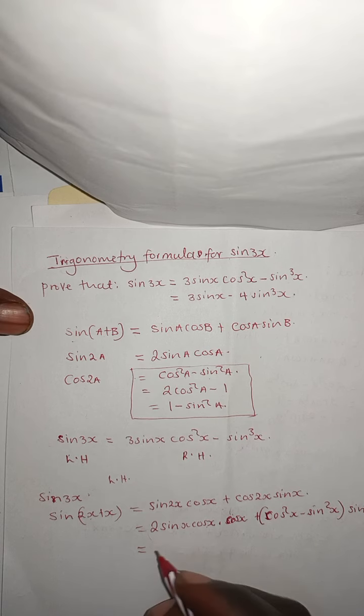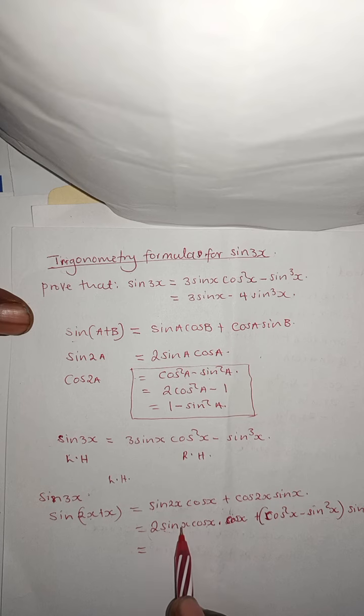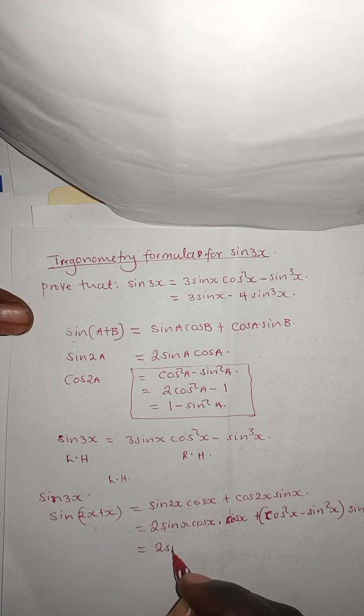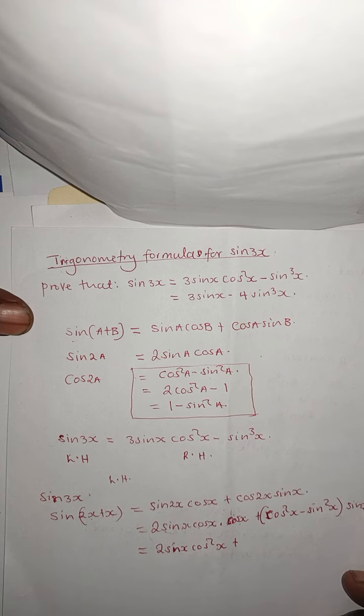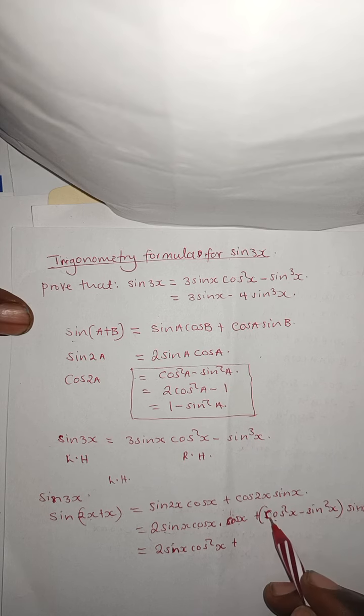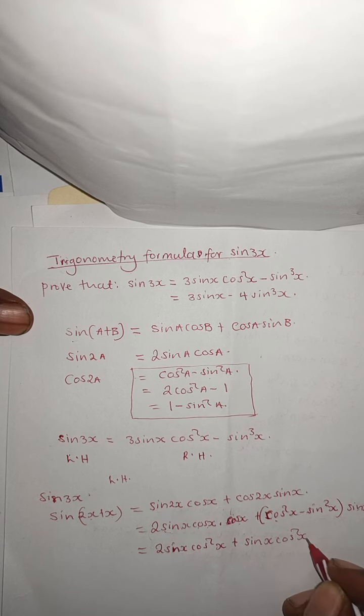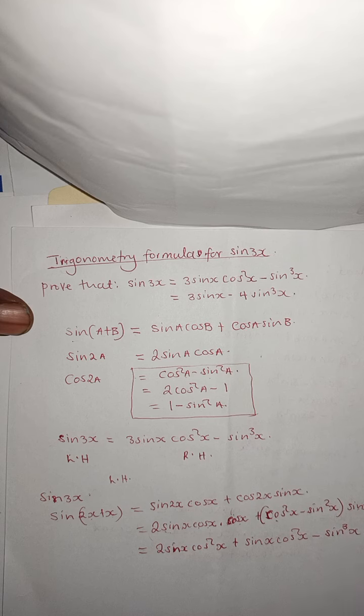Alright, now let us try to expand our task. Sin x times cos x times cos x will give us 2 sin x cos squared x, plus, opening the parentheses, so we are expanding them, sin x times cos squared x, this will give us sin x cos squared x, minus sin x times sin squared x, which will give us sin cubed x.